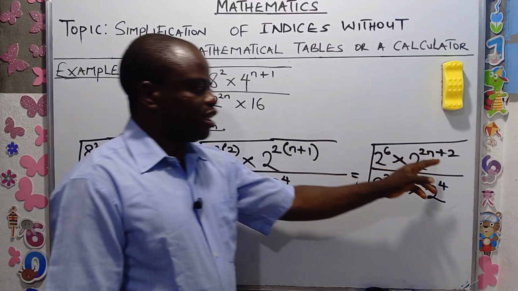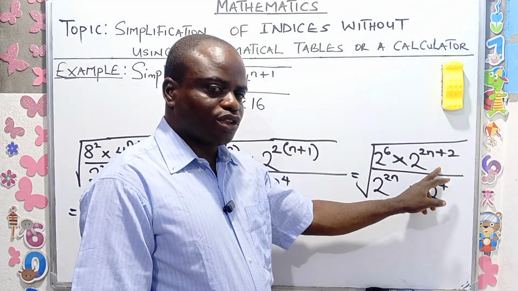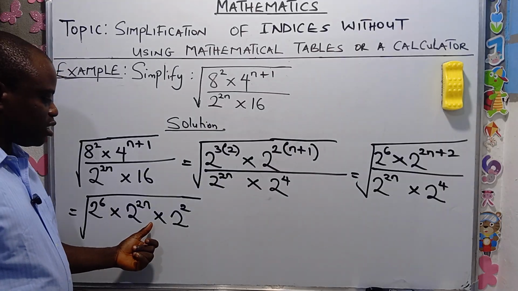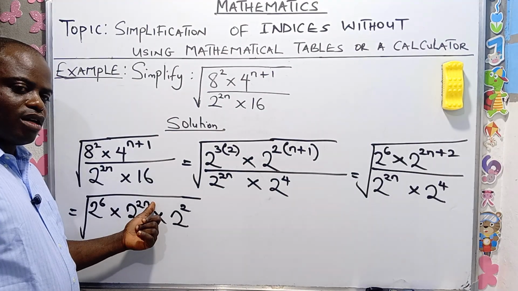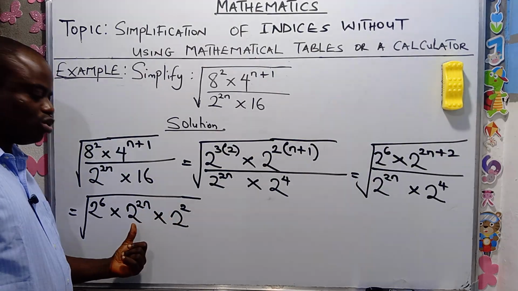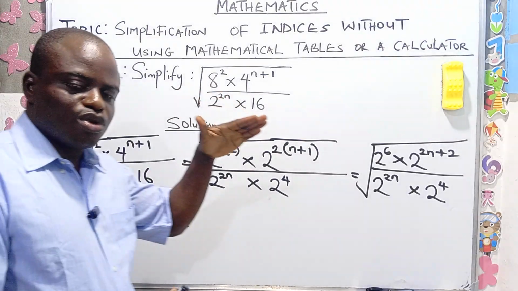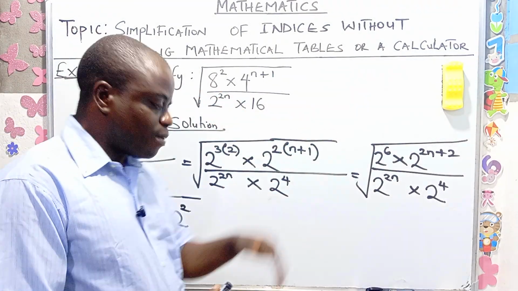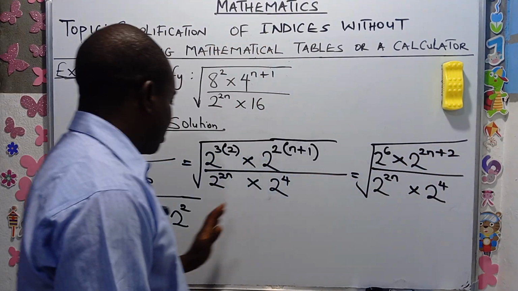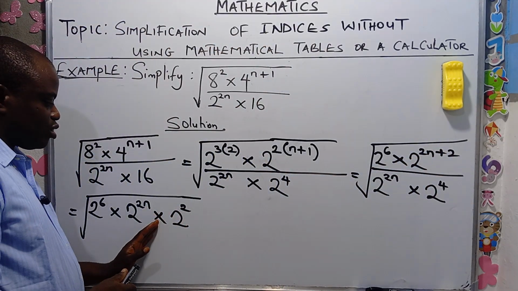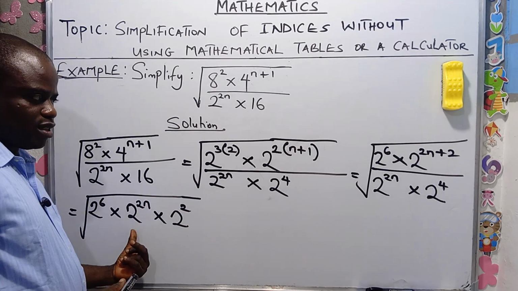Okay, you are breaking it down. Always know that addition at the power returns to multiplication, and when you are dealing with division, it returns to subtraction at the power. But since you are having addition at the power and you are breaking it down, it will now be multiplication, and you have returned the two places instead of one.